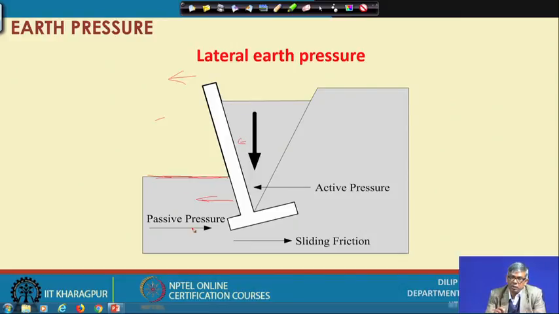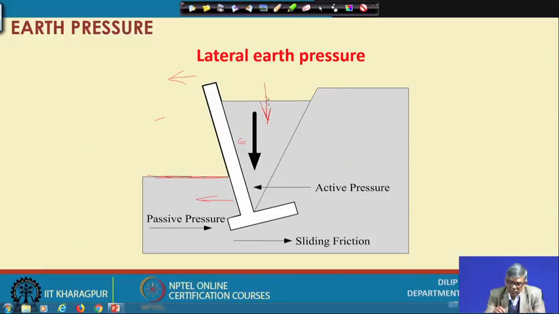So, if there is soil on the toe side, then because of the active condition on the backfill side, there will be passive pressure on the toe side also. Most of the time the passive pressure helps stabilize the wall. Whatever small height is there, we generally ignore it.